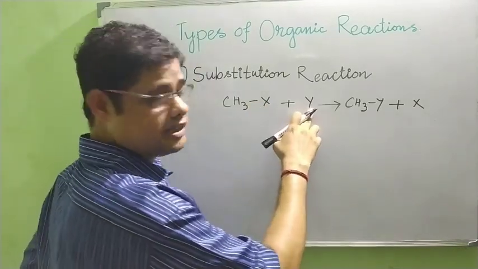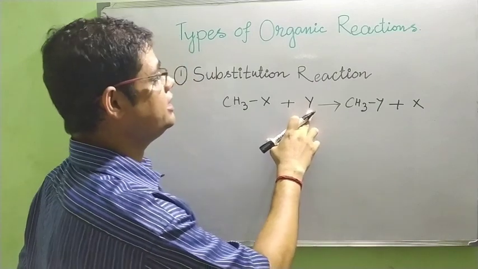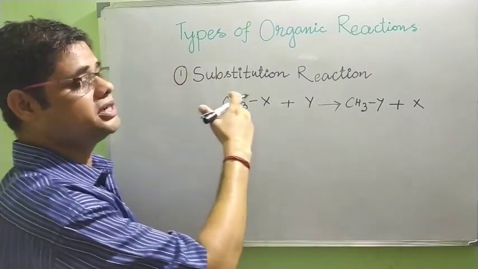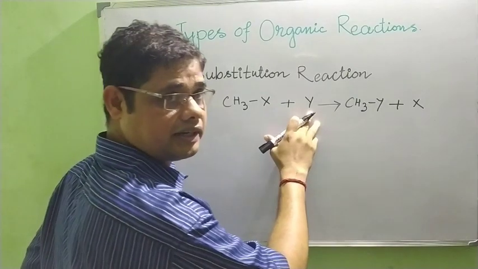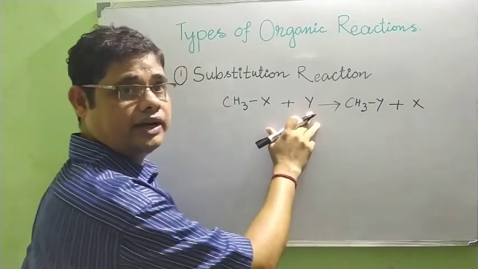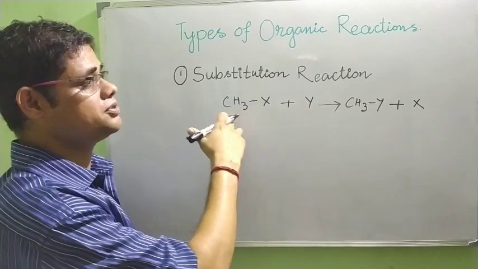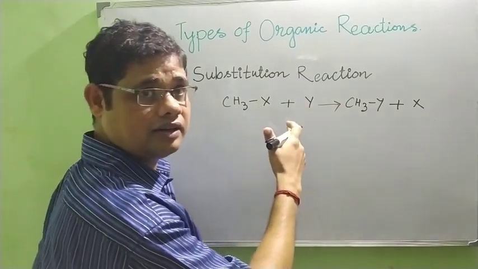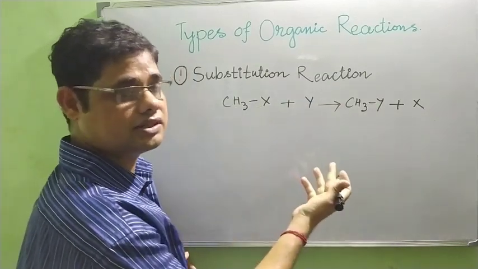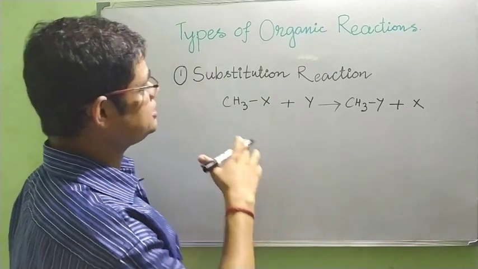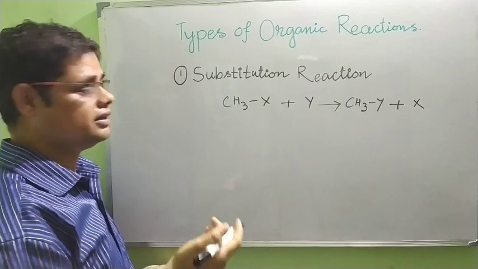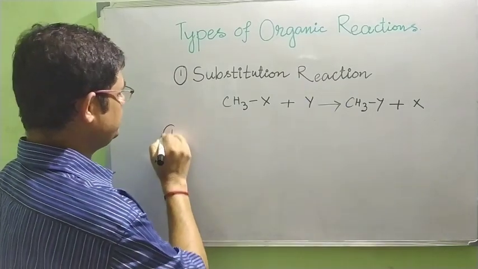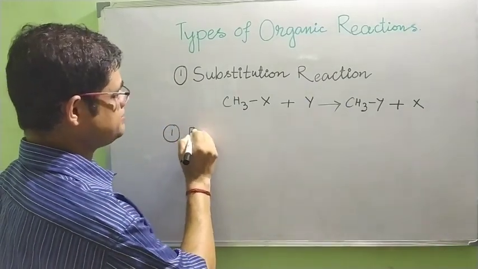If the attacking species is nucleophile, then the substitution reaction would be nucleophilic substitution. If the attacking species is a free radical, then the substitution reaction would be a free radical substitution reaction. So if we further classify substitution reaction, then we get one, electrophilic substitution reaction.